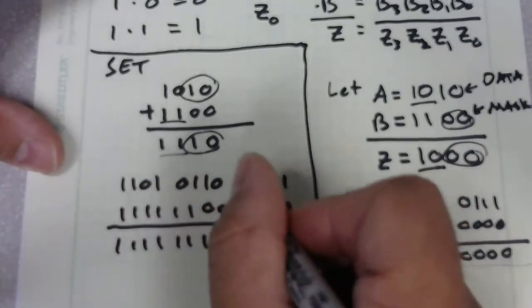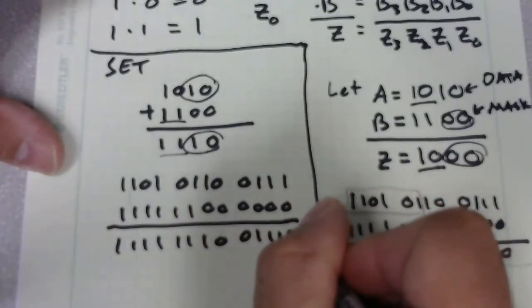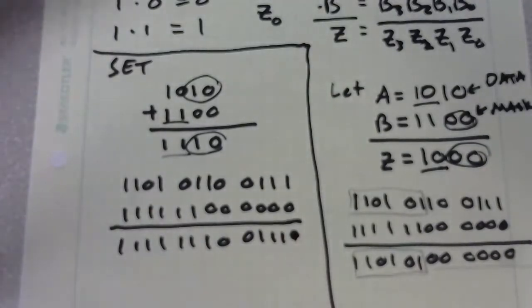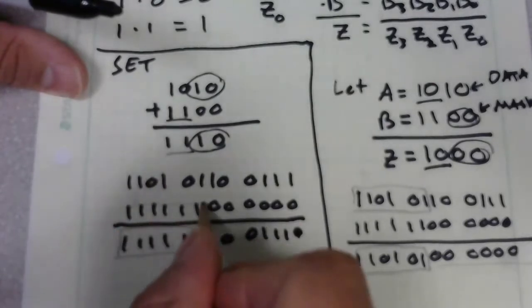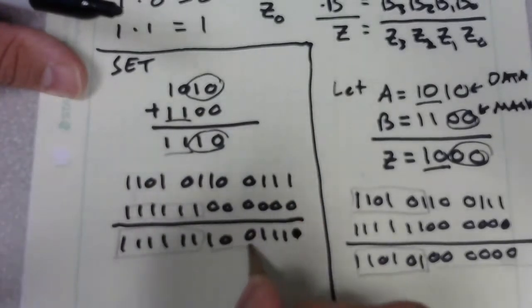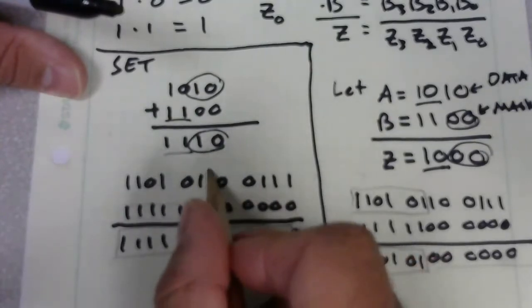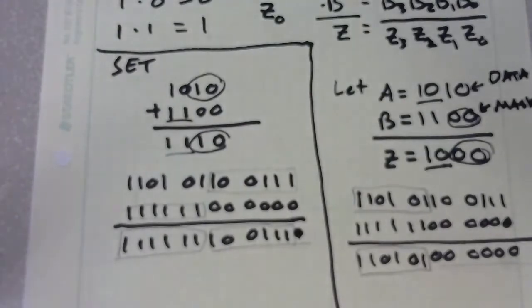This one's a 0, a 0, and then 1 1 1. And that's all the digits we got. All right, so what you can see is that we forced those to be a 1 here. And then everything else just passed through. Those were just pass-through values. They were the same as those. So that's setting a bit.